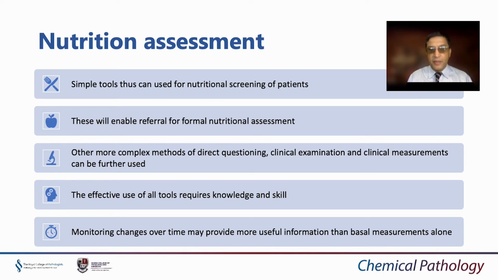The more complex methods of direct questioning, clinical examination, and clinical measurements can also be utilized. The effective use of all tools requires knowledge and skill. Monitoring changes over time may provide more useful measurements and information than merely conducting basal measurements.